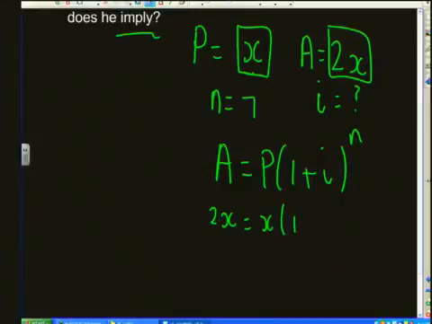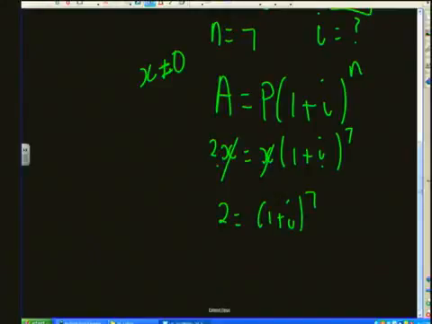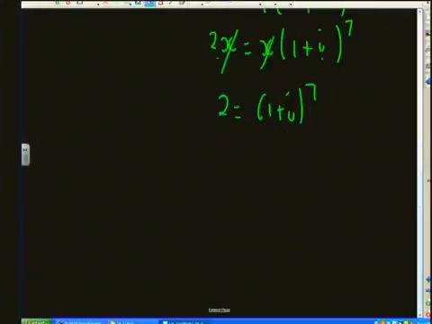When we set it out in this way, you can see it seems to be a pretty straightforward calculation. We're trying to get to the I, so if I divide both sides by X, obviously X is a salary, so it's never going to be naught. It's not possible because no one will work for nothing. So X can't be naught. I divide both sides by X, and I get 2 is equal to 1 plus I to the power of 7. In order to get rid of that power of 7, we can take the 7th root on both sides.